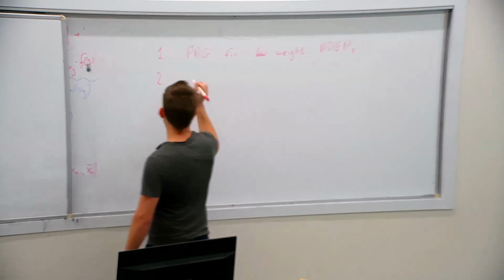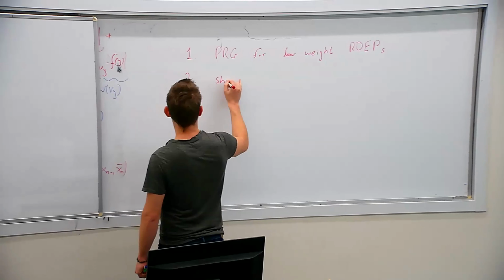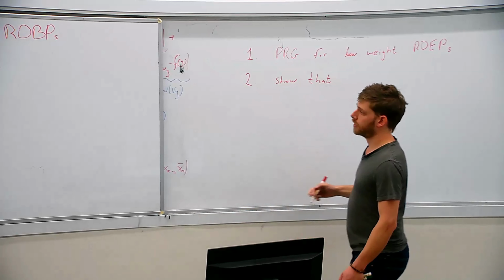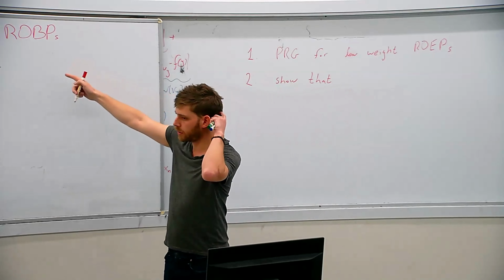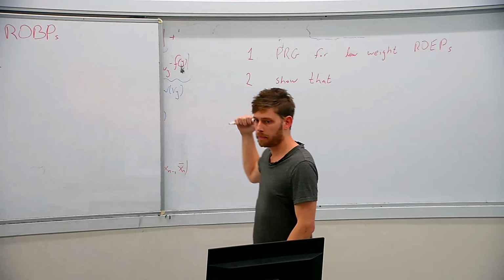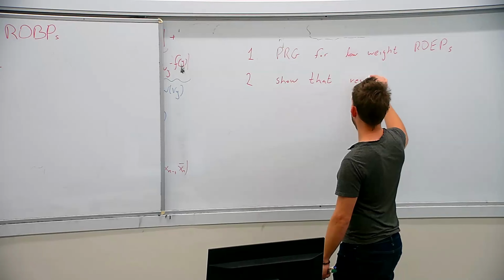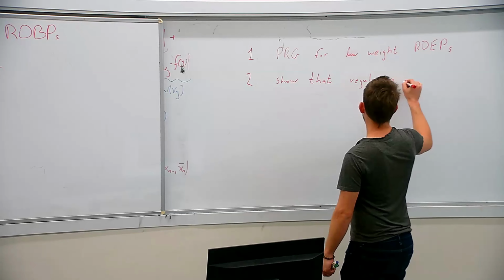And two, we'll show that regular ROBPs, when we think of them as ROEPs, must have low weight. So that regular implies low weight.